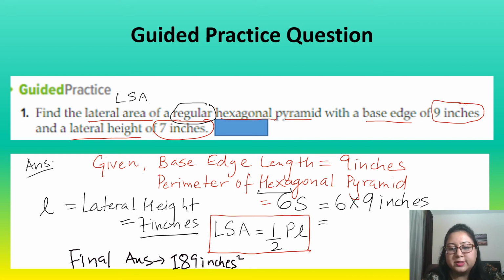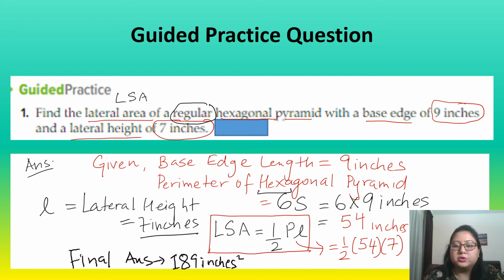I just want you to substitute. If you want, you can pause the video and try out this question. Let me put the value of perimeter also: 54 inches. Let's substitute everything here. So 1 by 2 times 54 times 7. Please simplify and tell me what you are going to get as the final answer.